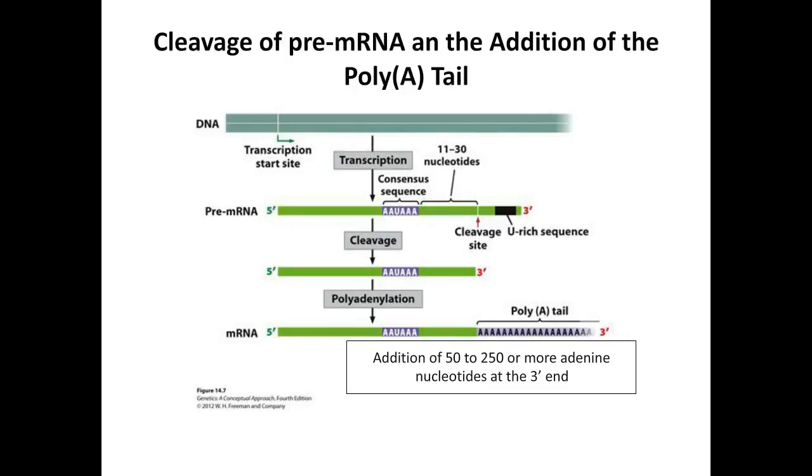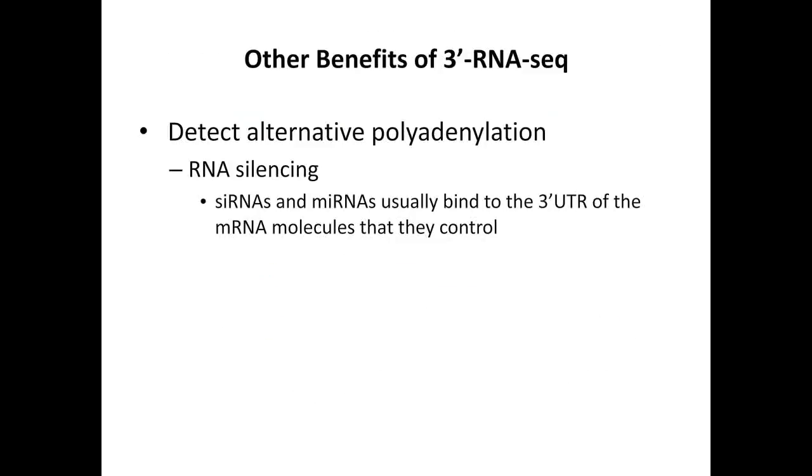This has implications because some of the RNA silencing mechanisms are related to, for example, siRNA or microRNA. These molecules mostly attach to the 3' UTR of the mRNA molecule that they control.